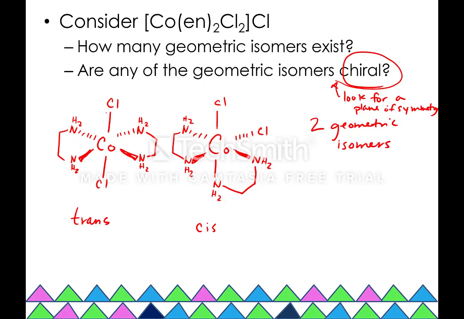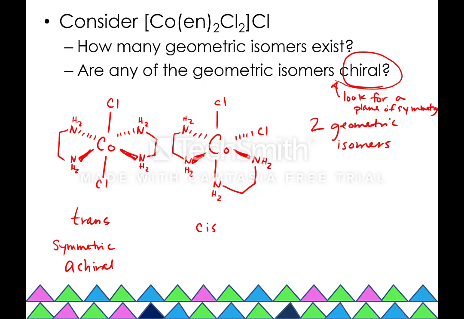You can probably pretty easily see that there is a plane of symmetry that cuts right through these chloroligands on this trans isomer, so you can see that this molecule is symmetric. So we're going to say that this molecule is achiral, meaning that no enantiomers exist for the trans isomer.